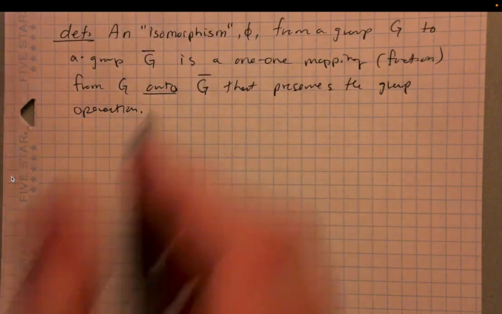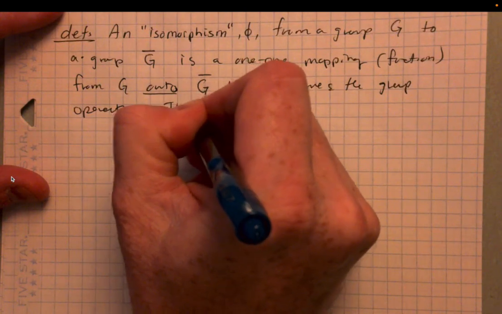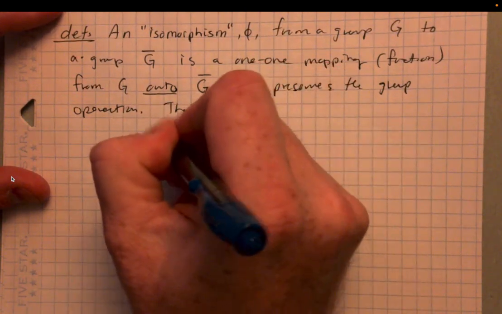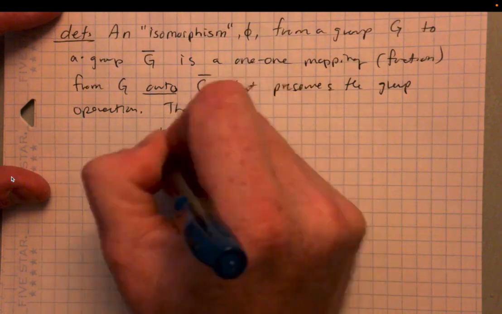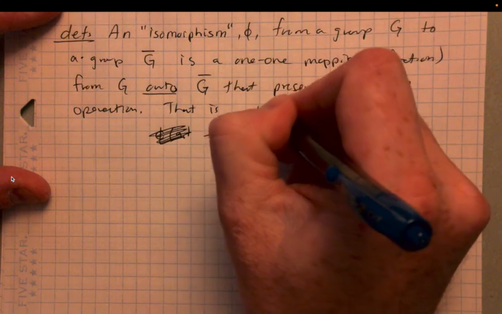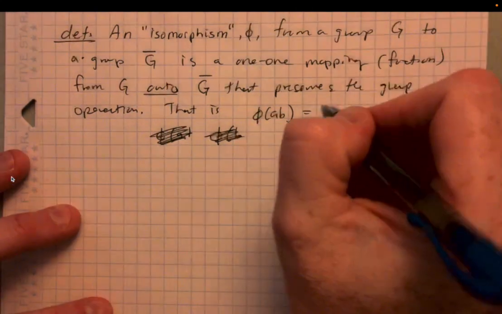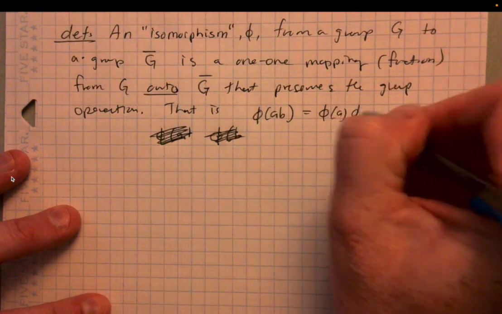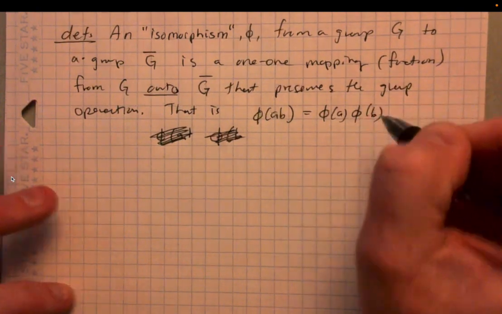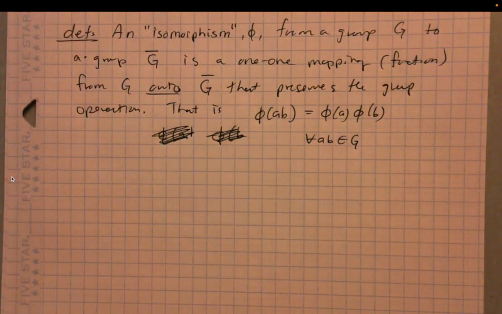The way to characterize this preserving of the group operation would be to say that phi of AB, where A and B are elements in G that are combined using the group operation, is equal to phi of A times phi of B. And this will be true for all A and B in the group G. So this is what we mean by an isomorphism.